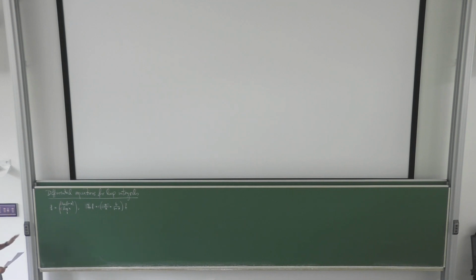Now in today's lecture, I'd like to connect this with actual loop Feynman integrals. So we'll see how, for Feynman integrals, such a vector arises naturally, without you having to invent too many things.